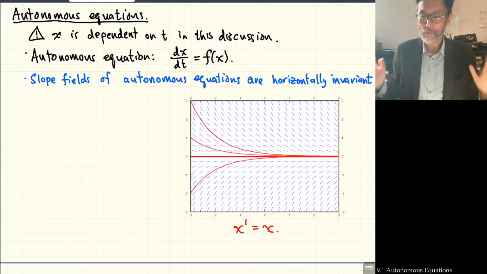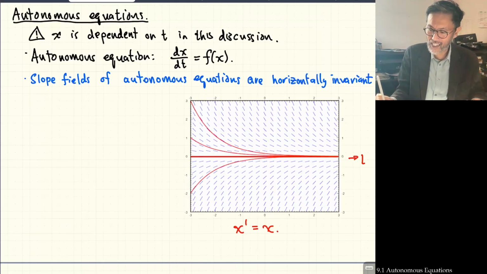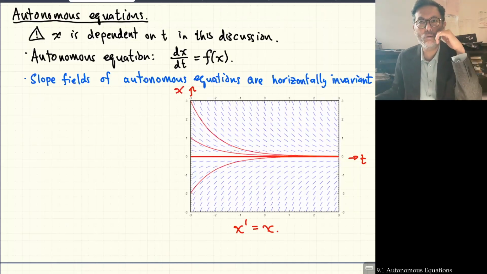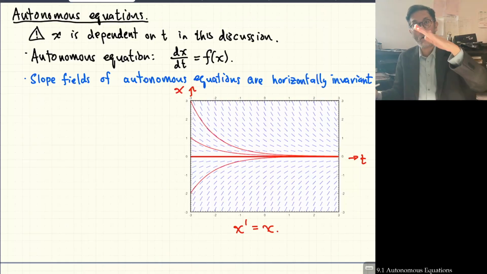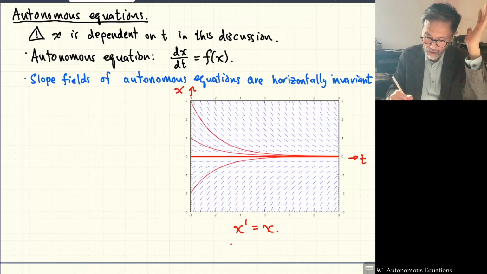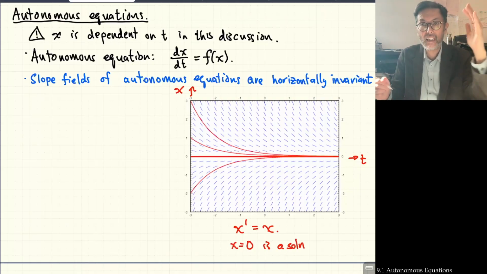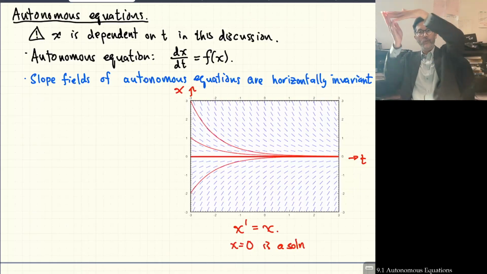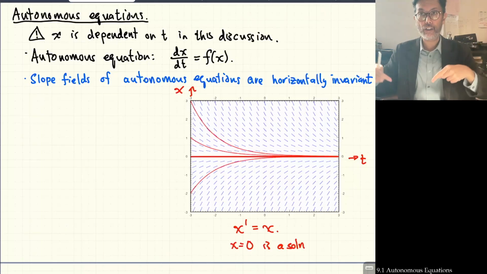But no, this is the t-axis now, and this is the x-axis. Okay, you're going to have to deal with that change in thinking. But what I'm trying to point out here is that x equal to 0 is a solution. And what I want you to observe is that it feels like the other solutions converge on that solution. All right?